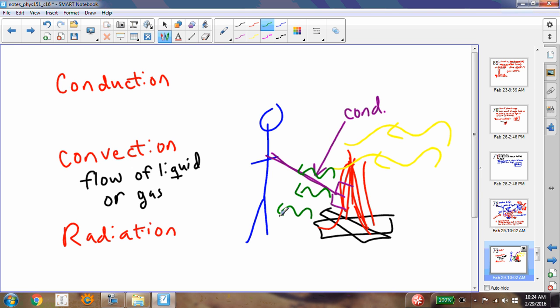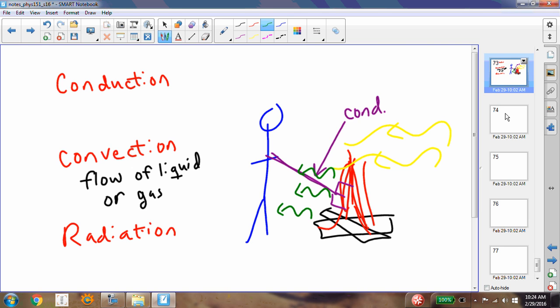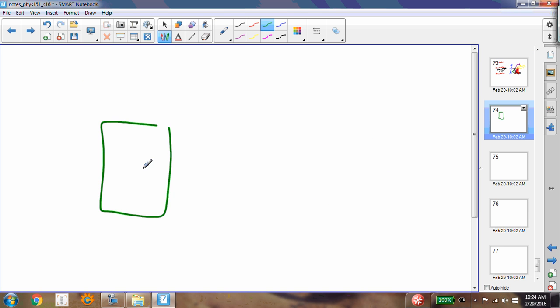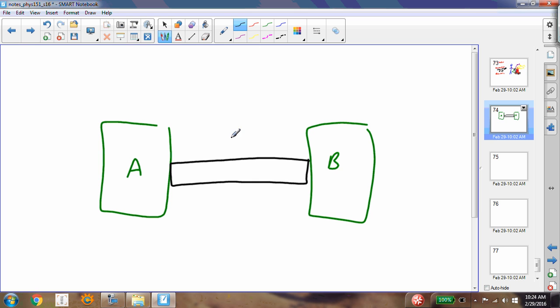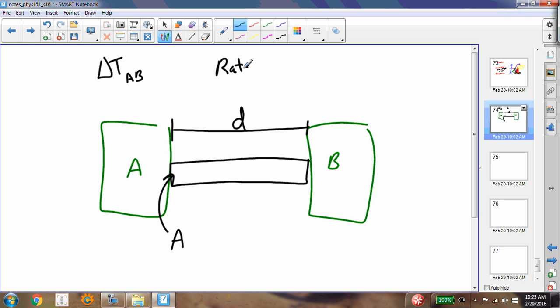Now, regarding conduction, if I have two substances of different temperatures, let's say I have a substance here, A, and a substance here, B, they are connected by a certain material. This material has a length, D, and a cross-sectional area, A, and then we also have a difference in temperature between A and B. I can calculate the rate of conduction like this.